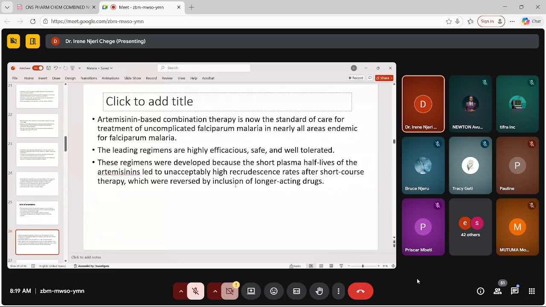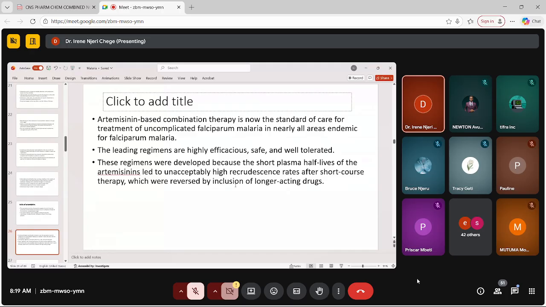Okay, so we'll see that when we look at the combination. I've already told you about combining to reduce resistance with the amino alcohol, lumefantrine. The drug usually is taken for 3 days. There are several weight bands. The drug's adverse effects are GIT effects, which can be confused for the malaria itself.